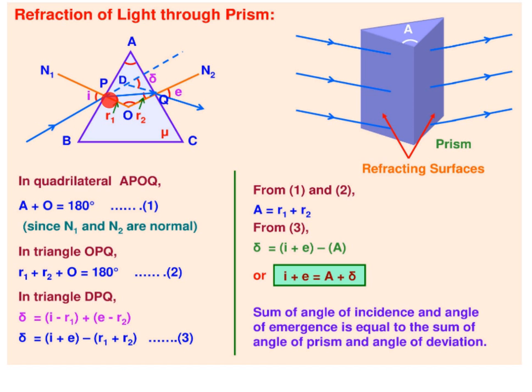Then the incident ray, after refracting at P, deviates towards the normal.